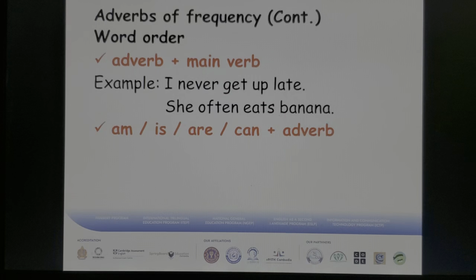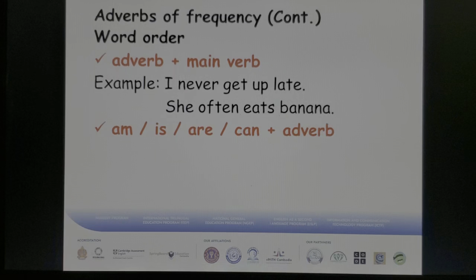It means that if the sentence has no am, is, are, can, put the adverb before the main verb. But if the sentence has the verb to be am, is, are, or can, the adverb stands after the verb to be.